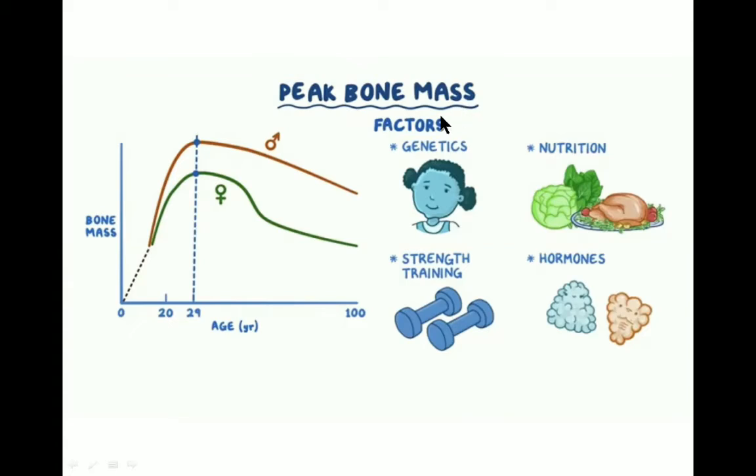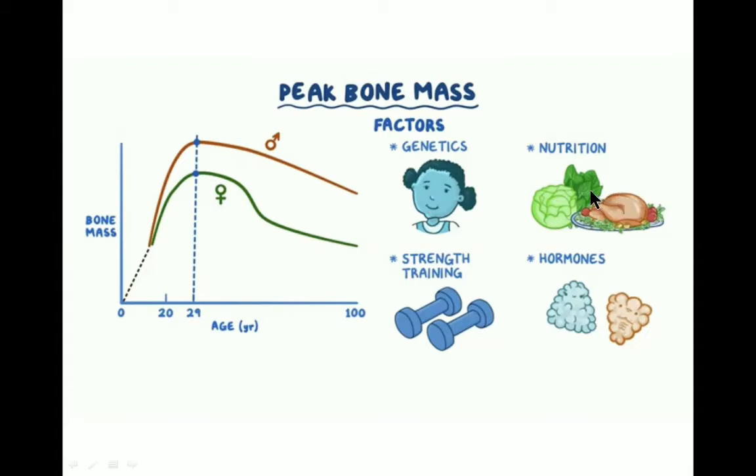Usually this peak bone mass can be observed by the age of 29, and this occurs earlier in females compared to males. The peak bone mass is affected by some factors like genetics. For example, the peak bone mass is higher in Africans.